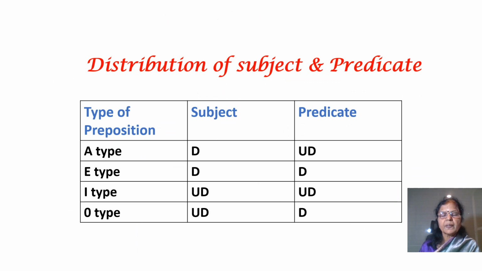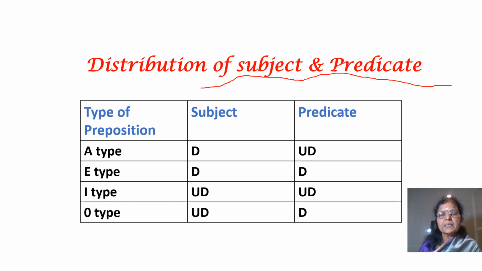See, here I have given you a chart. This is regarding the distribution of subject and predicate. We have told in a categorical proposition what is the subject and what is the predicate. When we saw the structure of the proposition, it contains a subject and a predicate. You know how to identify the subject and predicate and the quantifier and the qualifier.